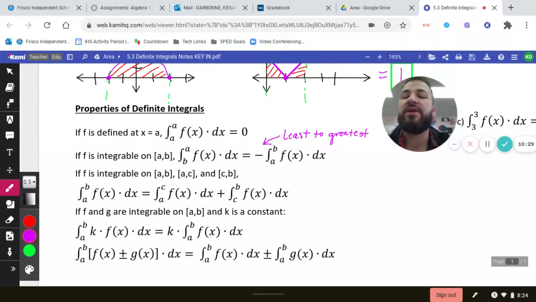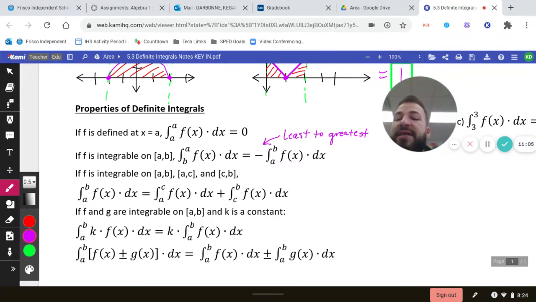All right, if f is integrable on the closed interval a to b, the closed interval a to c, and the closed interval c to b, which is just a really fancy way of saying there's a and b, which is our big interval, and then c somewhere in the middle. Then I can split the integral a to b into the integral a to c plus the integral c to b. So essentially, if I'm able to take my integral on my entire interval a to b, then I can split that interval at any point c along that interval.